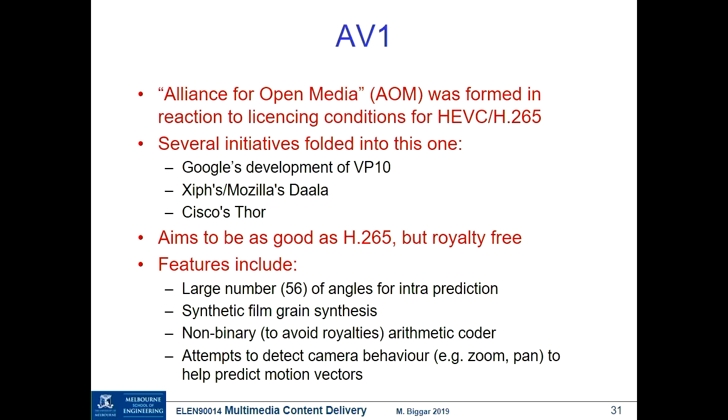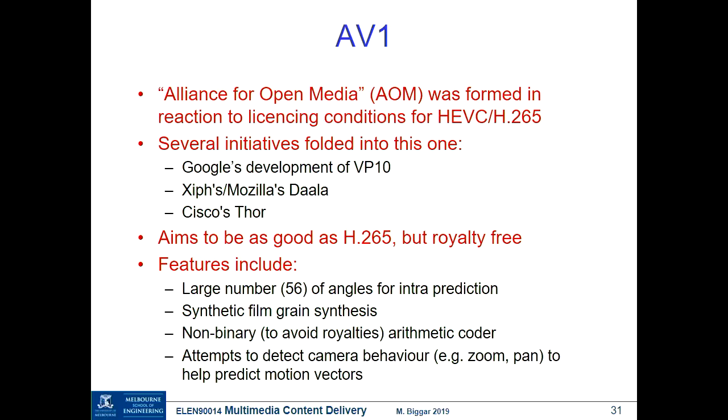And so that's sufficiently required that in this coder, and there are other examples as well, they smooth out noise to try to make it easier to encode, but then they synthesize it at the decoder to bring it back. There's an arithmetic coder used, but it's not the CABAC one, to avoid the patents.